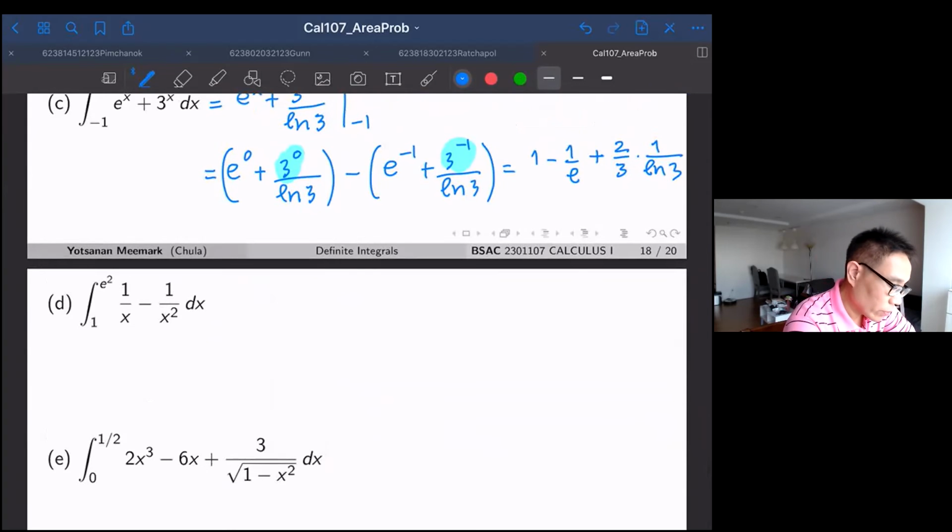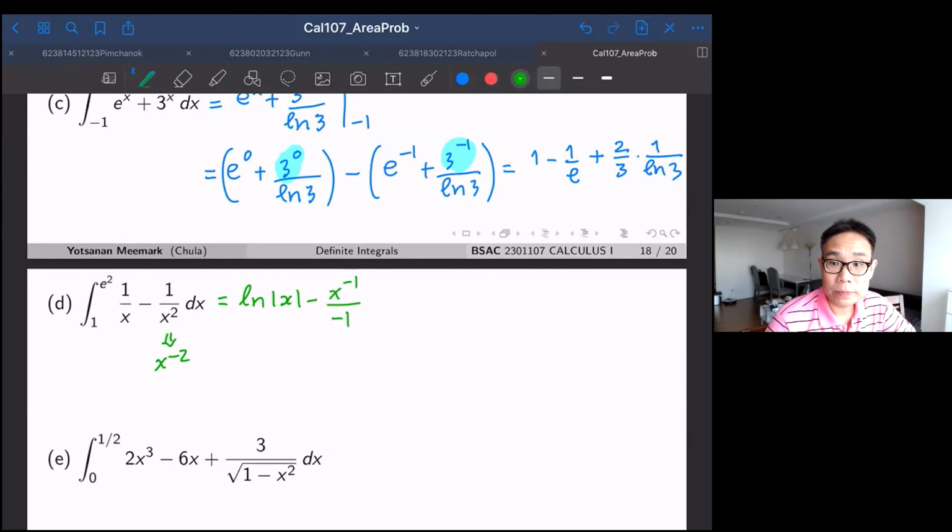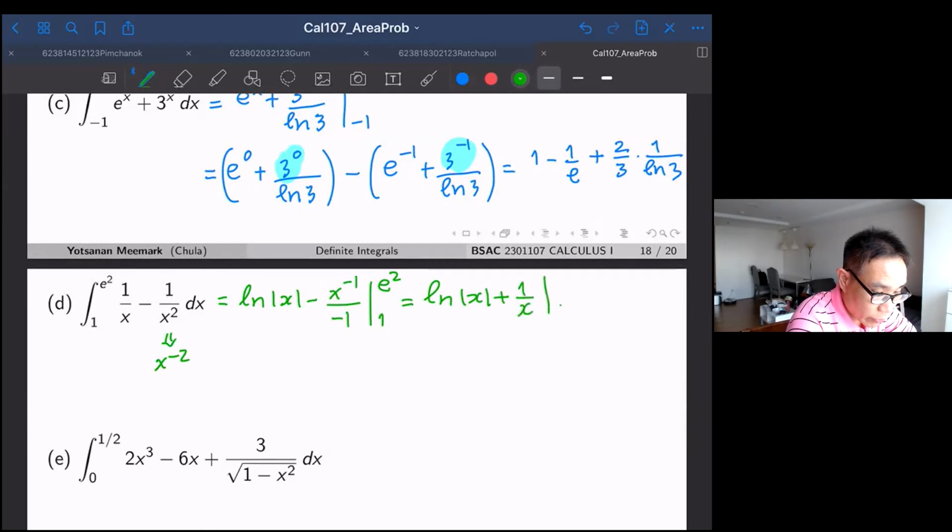Integrating 1 over x is going to be log absolute x, and integrating 1 over x squared, this is x to the negative 2, so it becomes x to the negative 1 over negative 1, from 1 to e square. So you get log absolute x plus 1 over x from 1 to e square.